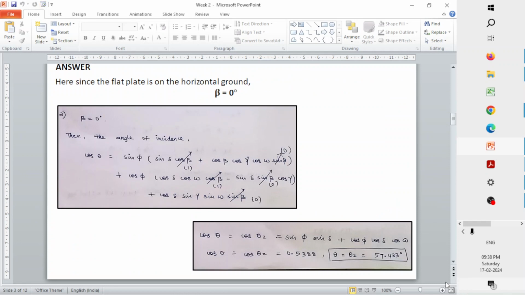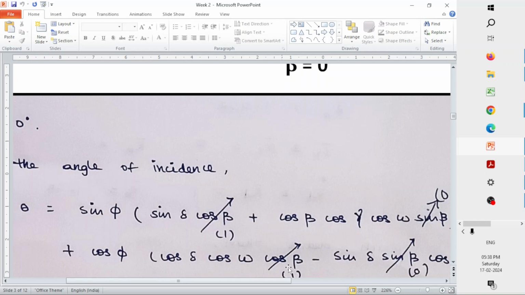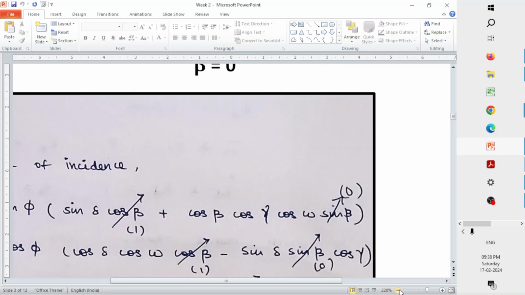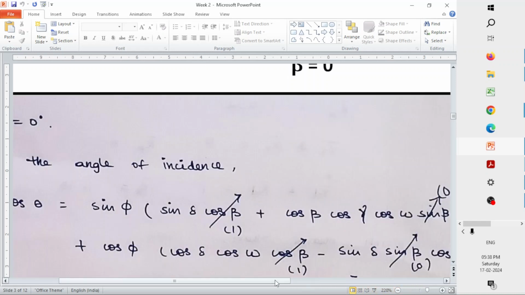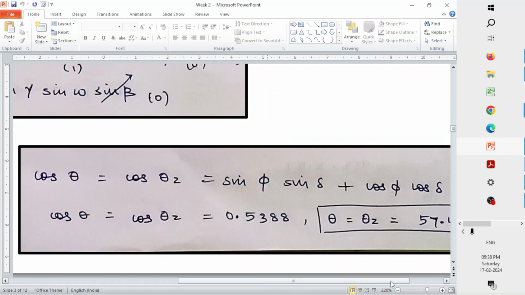So the zenith angle is cos theta z equal to sin phi sin delta plus cos delta cos phi then cos omega. That's what I'm just showing here. Over there it was missed somehow. So are you able to see this one?